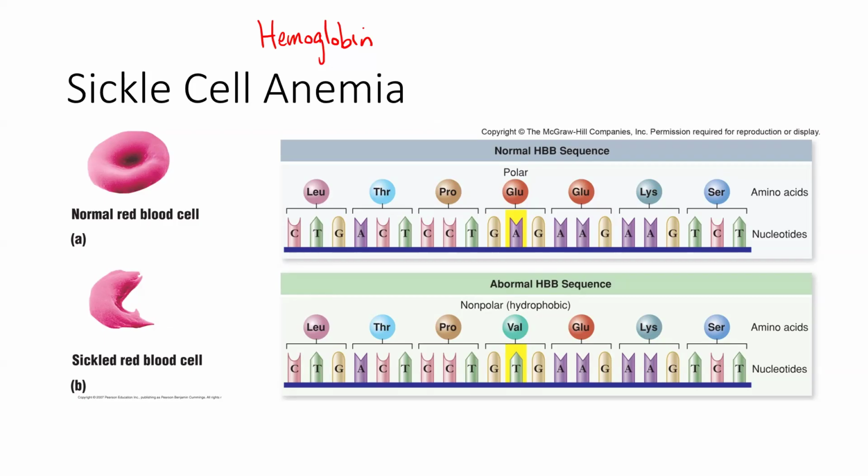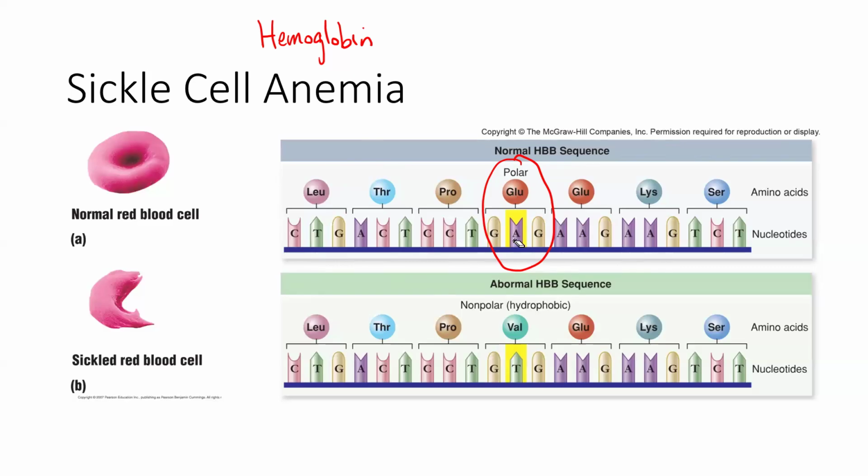The hemoglobin protein, one of the chains anyways, is made up of, I think, 146 amino acids. And in the diagram here, the first couple are shown like that. The normal hemoglobin has this particular amino acid, glutamic acid, in this position, and it's a polar amino acid.